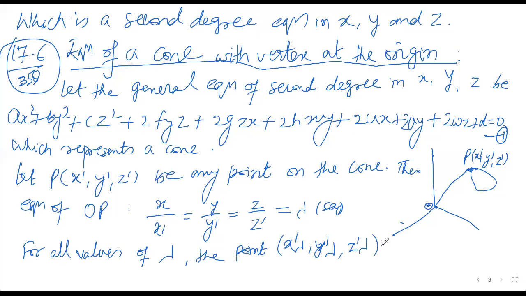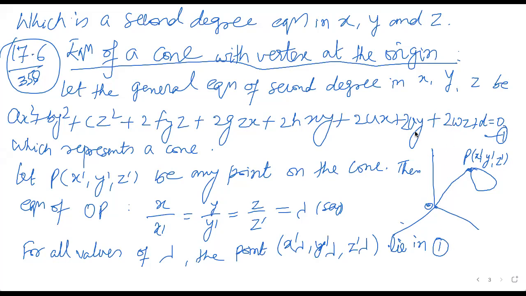This point lies in 1. ये पॉइंट आपका कोन के अंदर लाई करेगा because this point I have taken on the generator, so I can put it in 1.